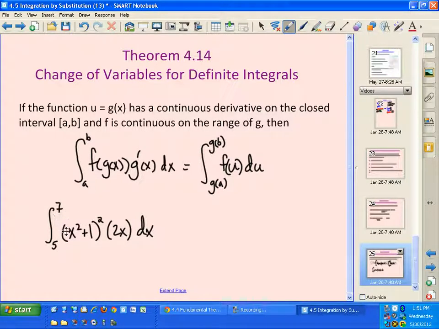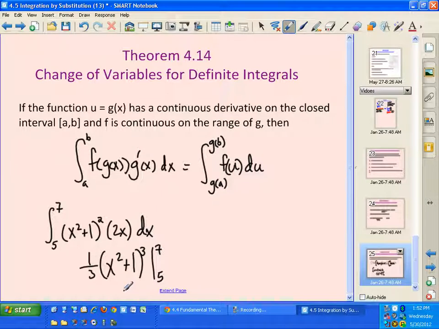We would go through and do our antiderivative of this function, and we'd still get our 1/3 of (x squared plus 1) cubed. This is from the first example that I gave you. But instead of doing all of this and going from 5 to 7, we could plug those in and get the value.